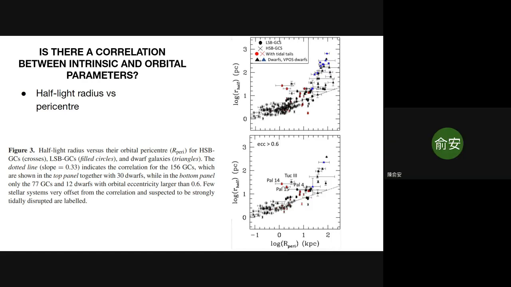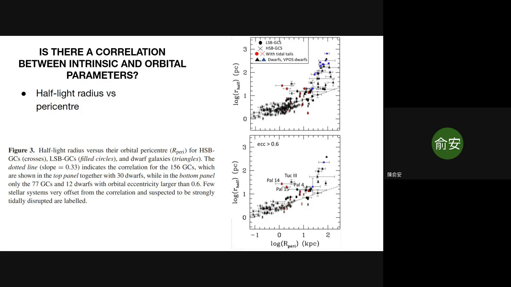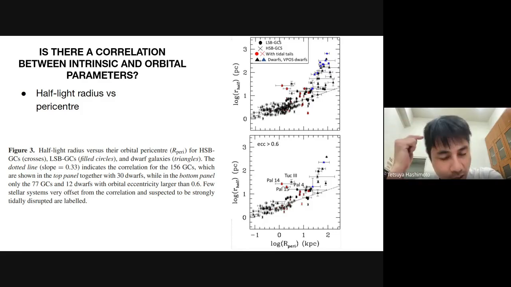I don't think they've discussed it in the paper. I might need to double check. I don't think this is discussed in this paper. I see. I don't know if we can resolve, for example, a size of 1 parsec at, say, 10 kiloparsec or so.